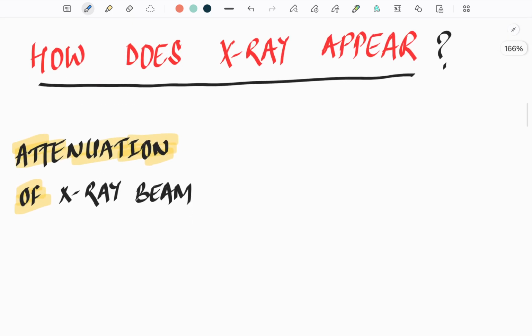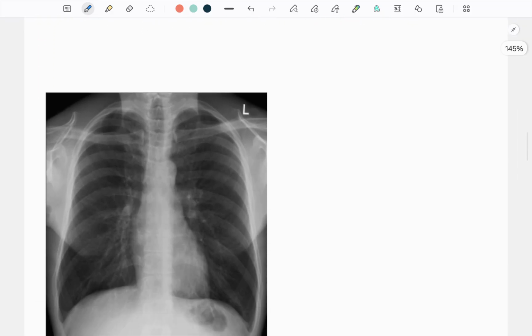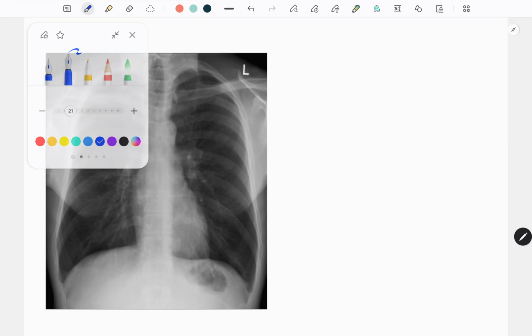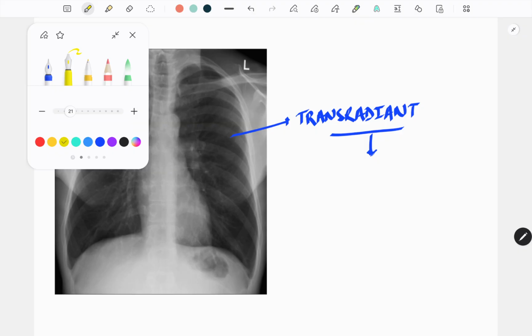Some areas we see on an x-ray film appear as what we say transradiant. What does it mean?